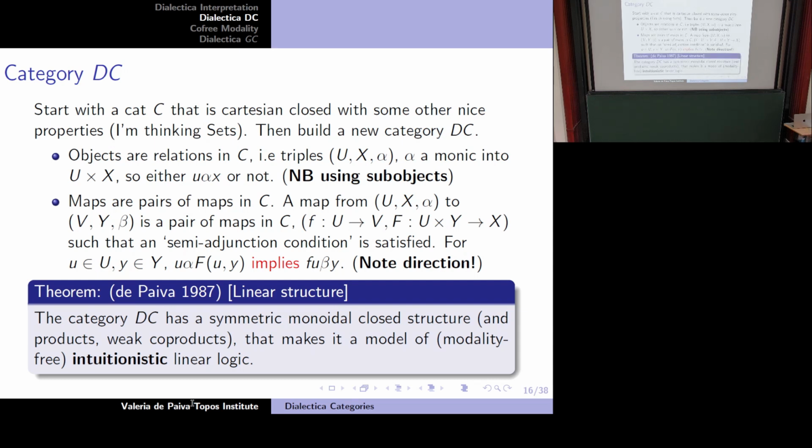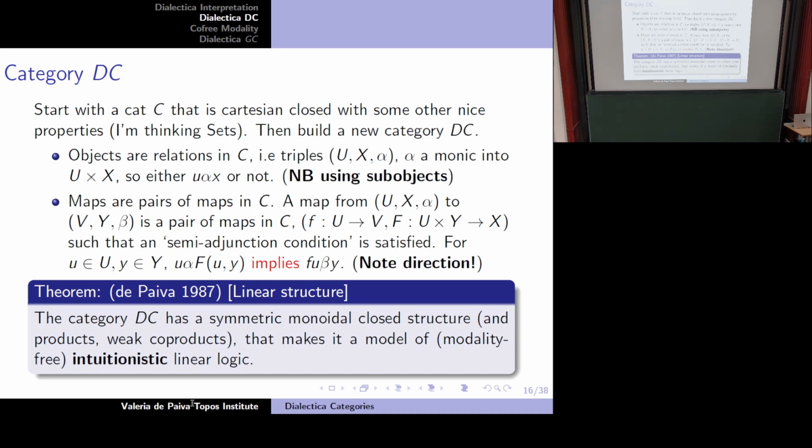And so what happened to my category, the category that I was trying to define, was that Martin had said, start with a category C that's Cartesian closed, and we'll think about the other properties that it has in a little while, but build a new category.